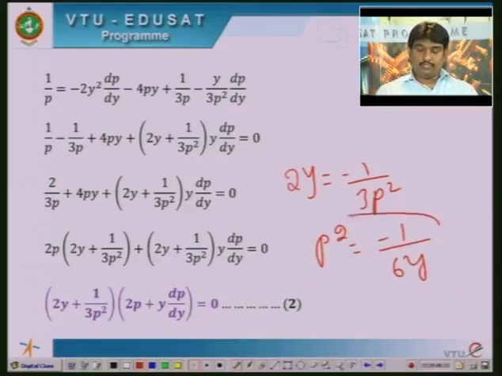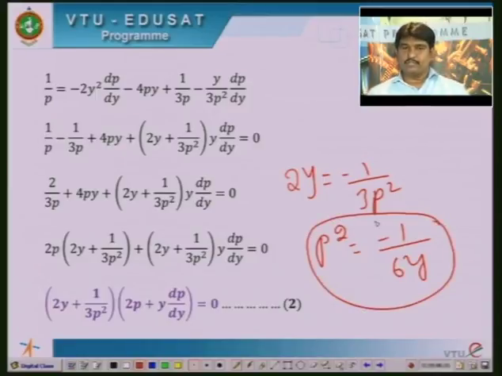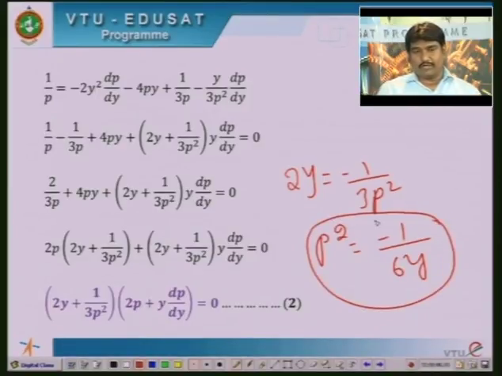You have to substitute this value of p square in the given differential equation. So that is one method of finding the singular solution. You substitute p square equals minus 1 by 6y in the given differential equation. p gets eliminated straight away and you will get a singular solution. This is one method. The second method is as usual.